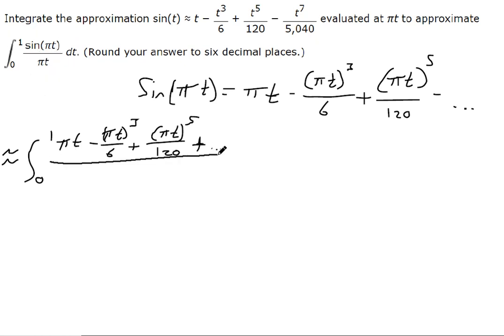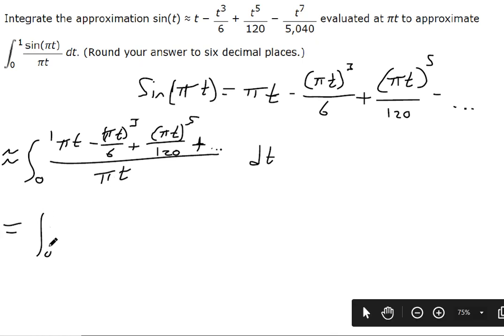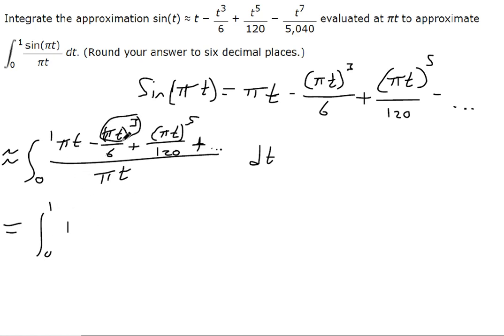The denominator is still just pi t, but that's actually going to make things easy for us because now, look, everything has a pi t involved. Pi t divided by pi t, that's 1. Now pi t to the third divided by 6, that's all being divided by pi t, so that brings it down a power. So now this is pi squared times t squared over 6.